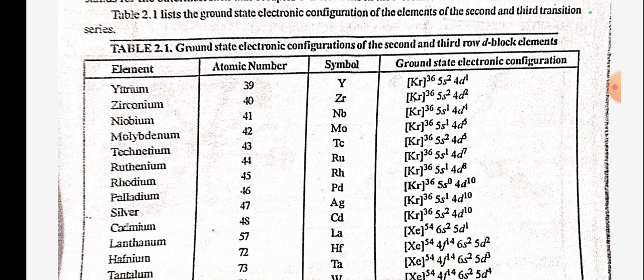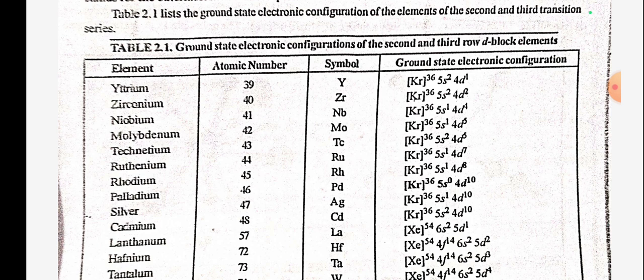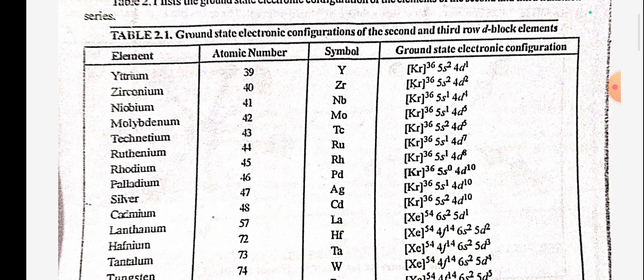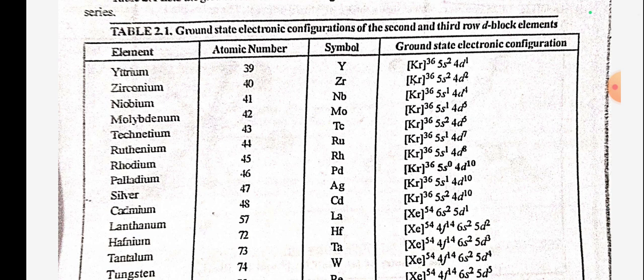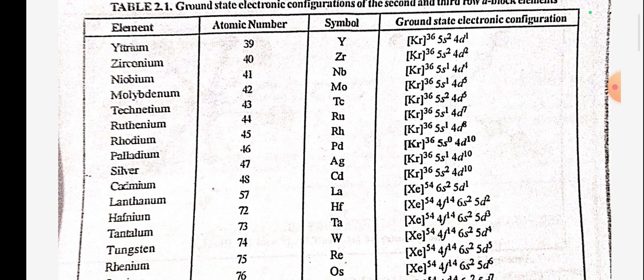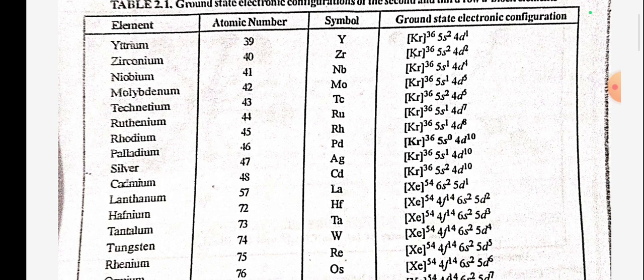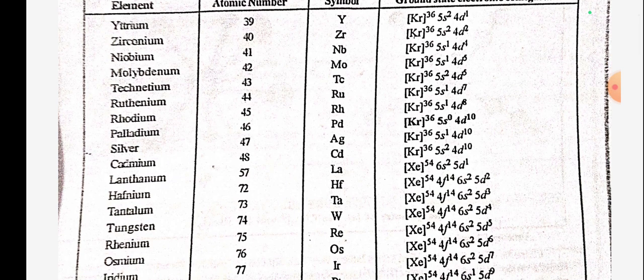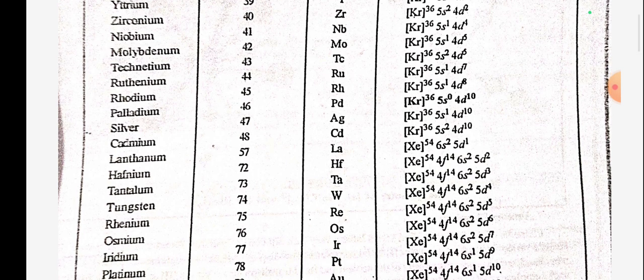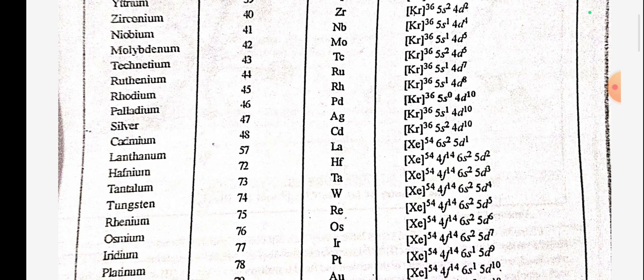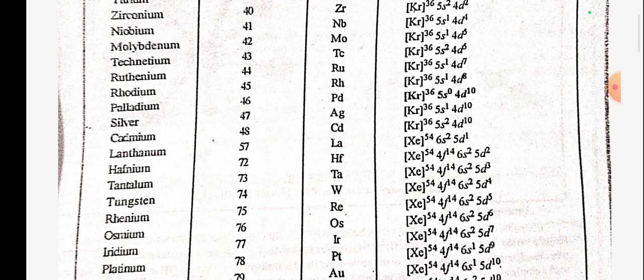Yttrium, atomic number 39, symbol Y, krypton 5s2 4d1. Zirconium 40, Zr, Kr 36 5s2 4d2. Niobium 41, Nb, Kr 36 5s1 4d4. Molybdenum 42, Mo, Kr 36 5s1 4d5. Technetium 43, Tc, Kr 36 5s1 4d6.